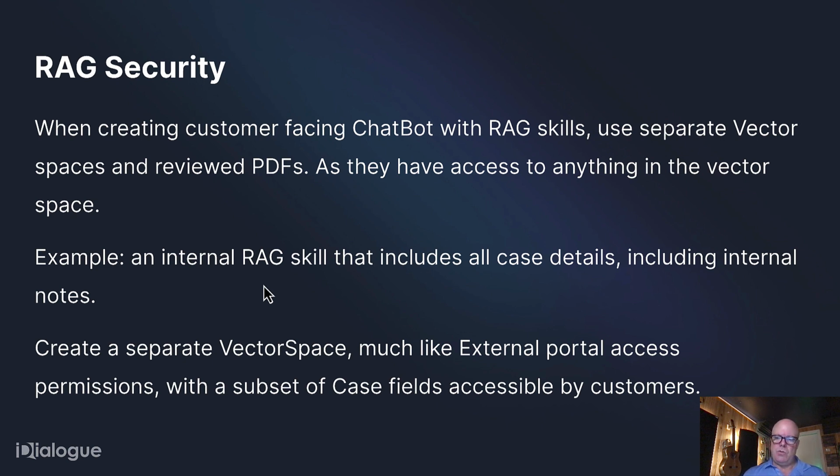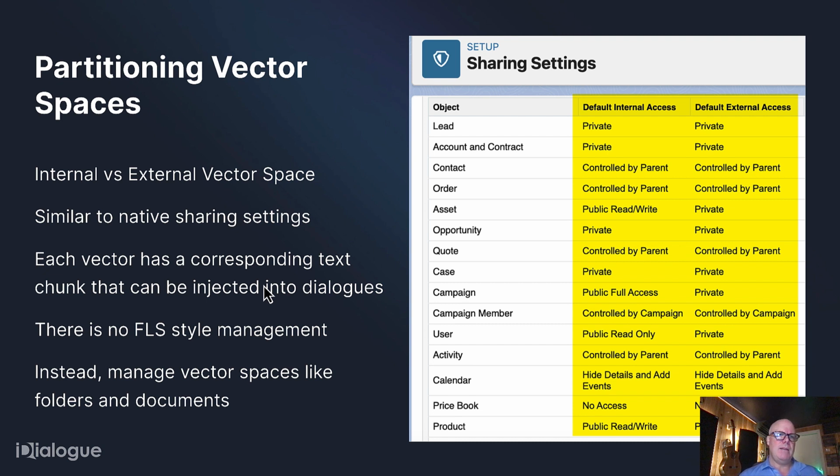And you really want to think of vectors a lot in the same way that you would partition your customer portal or communities, which is you have records and you have an internal view, and on a case you might have internal comments, and you have information that's only internal to a Salesforce user. And within the portal, when they log in and look at a case, there's information they can only see: the subject, the description, case comments, maybe the priority.